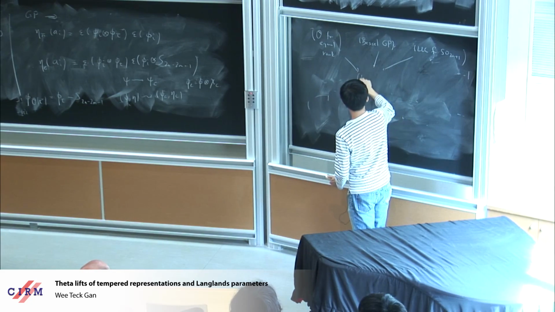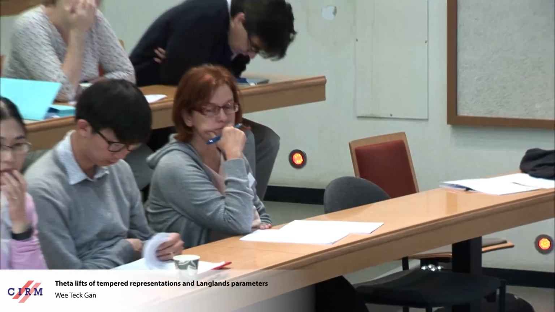I mean, using these two plus theta for equal rank, we prove Bessel, so the Fourier-Jacobi case, and we also get, and then using all these things, I get theta in general.